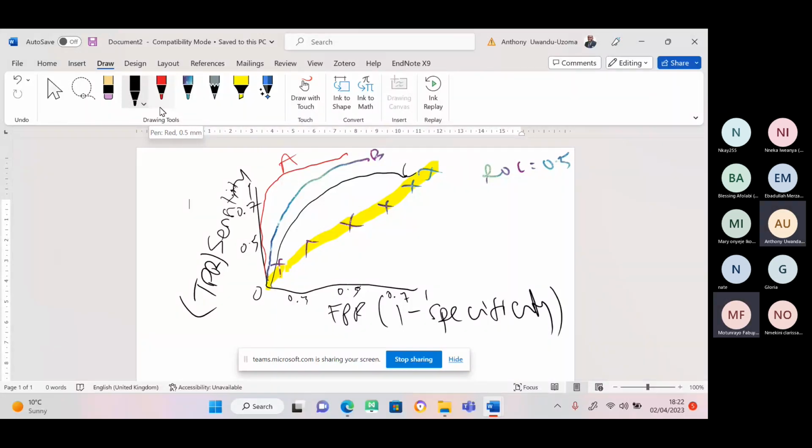So as you go from left to right, the specificity decreases, right? Now, as you go from 0 up, the sensitivity increases, right? So among these 3 tests, A, B, and C, which one do you think is the best test kit to use for HIV?